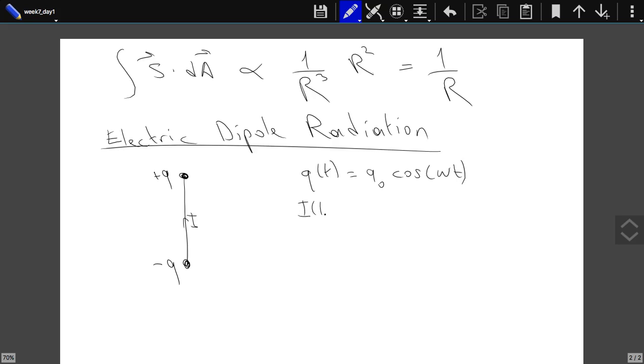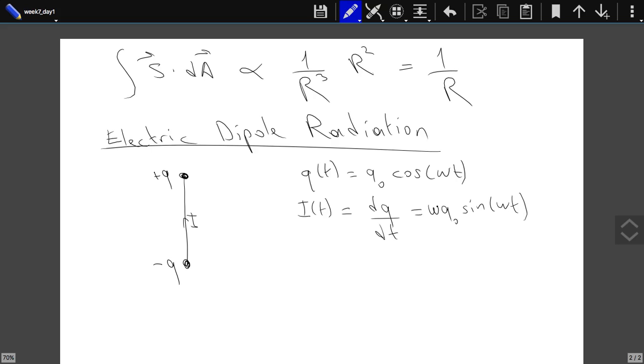Let's say I of t is just dq by dt, which is minus q0 sine omega t times omega.